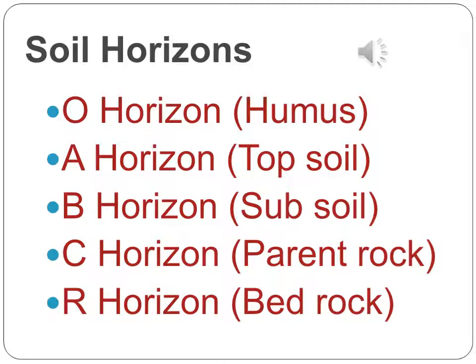Soil is divided into 5 layers or horizons, starting from top and going down to the bottom part. The topmost layer is O horizon, also called organic layer or humus.